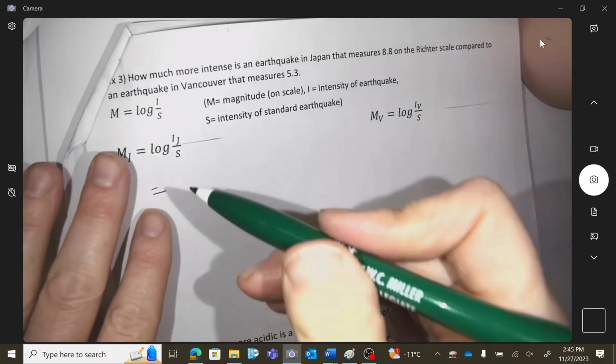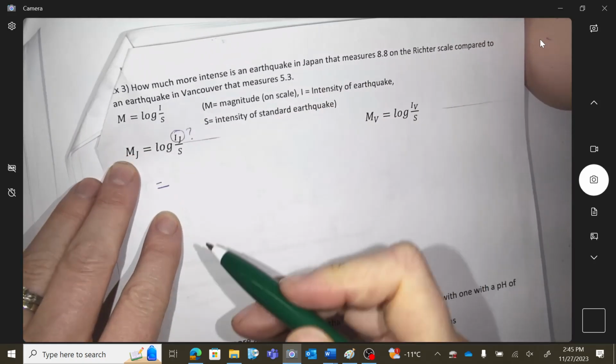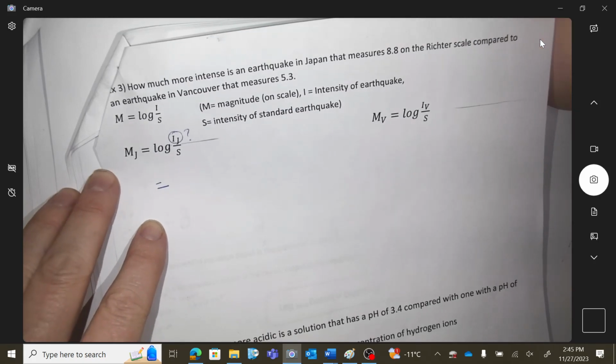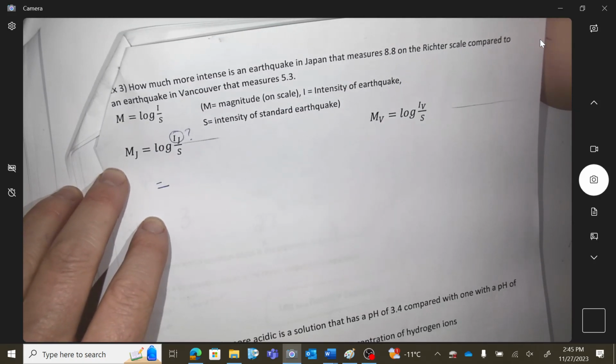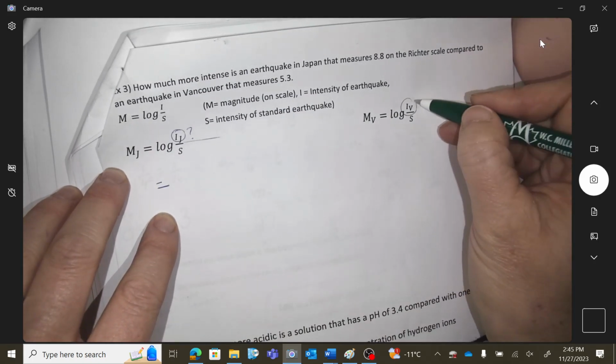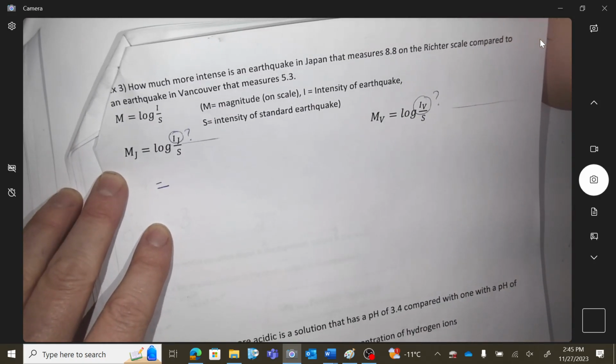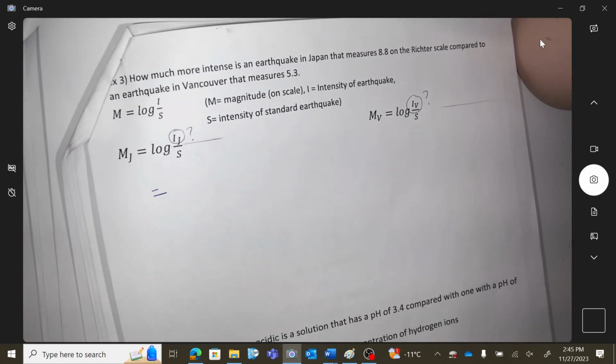So how much more intense? So we are trying to figure out the intensity of Japan, intensity of Vancouver, and we're going to compare them. We're trying to figure out their intensities and compare them.